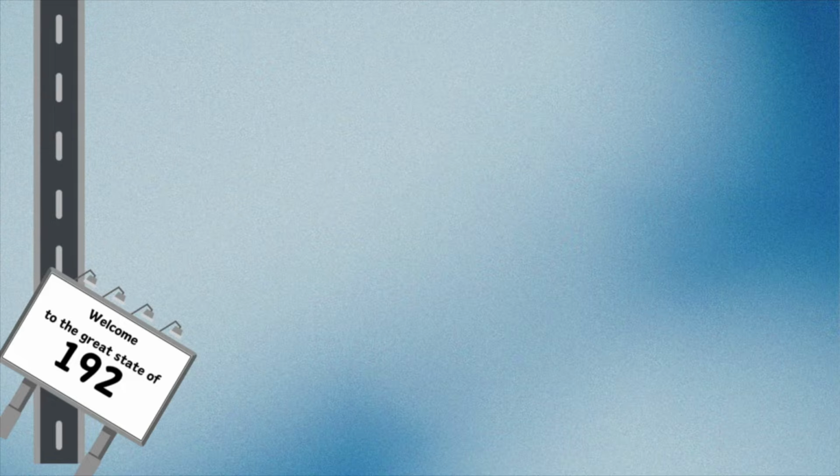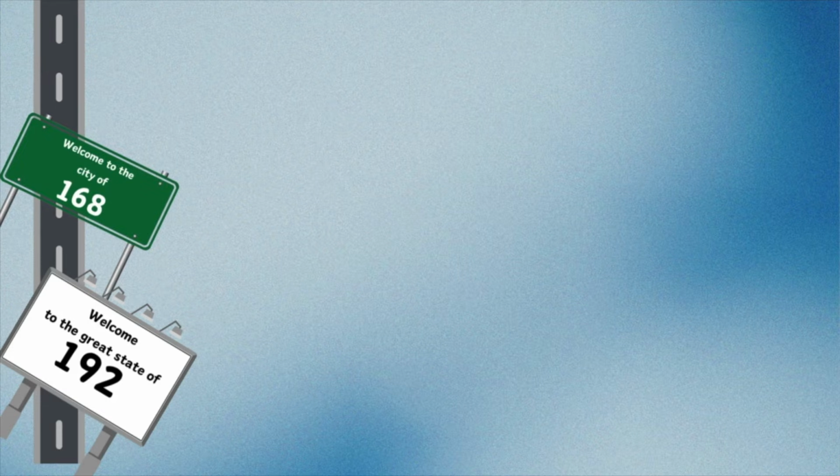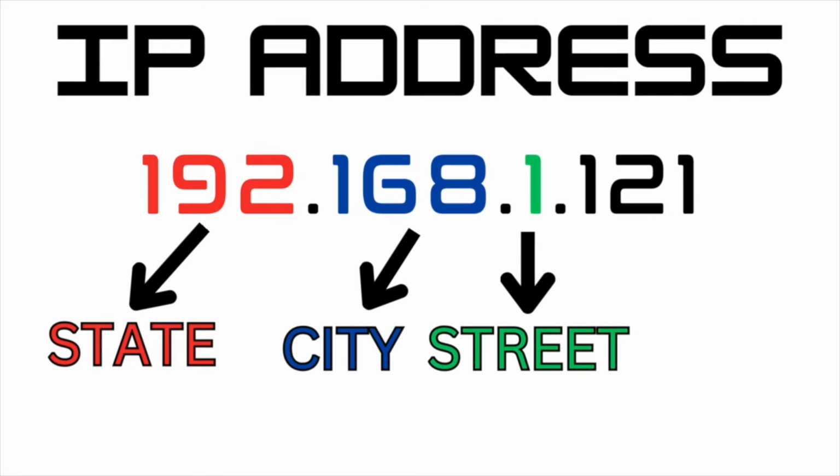Now the second number, the 168, that is the city that that piece of gear lives in, or that we live in. So we have our state, we have our city, which is 168. So we welcome ourselves to the great city of 168. Our third number, that is the street that we live on. That is the street that the piece of gear lives on.